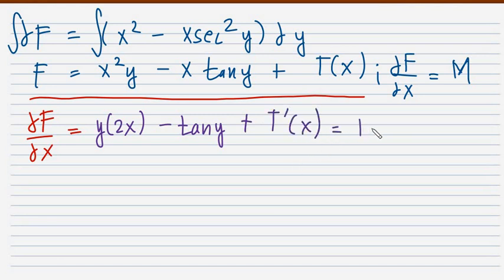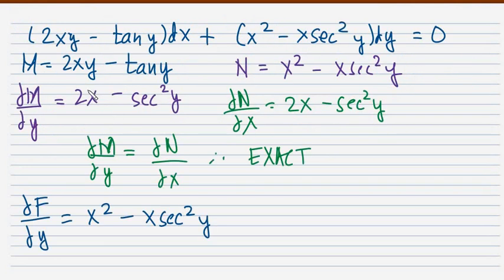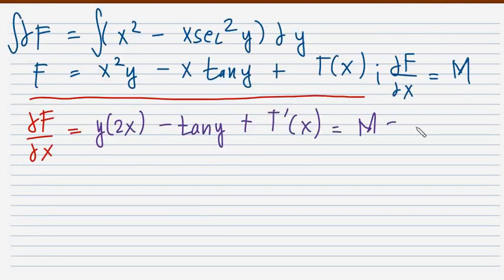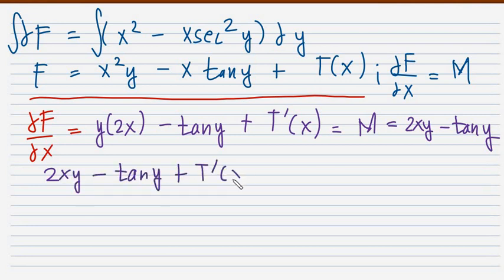And then we will equate this with our m, and m is equal to 2xy minus tangent y. So 2xy minus tangent y plus t prime x is equal to 2xy minus tangent y.